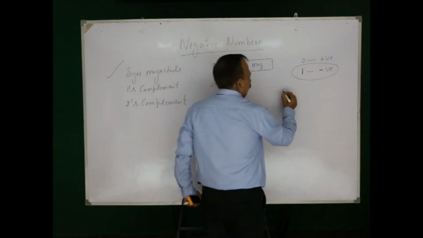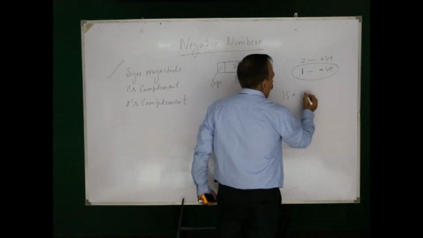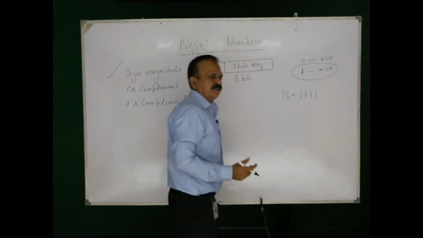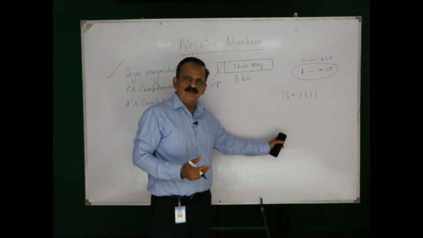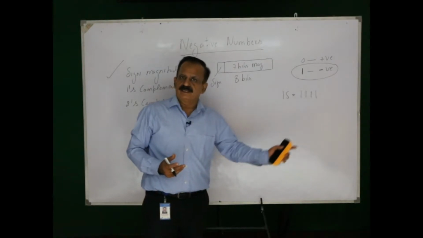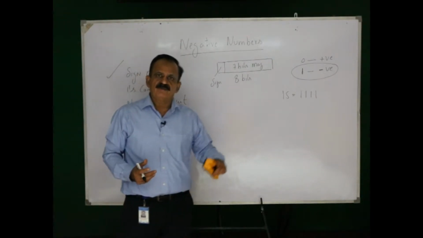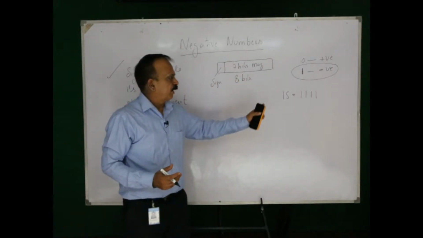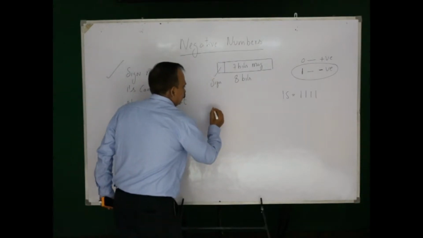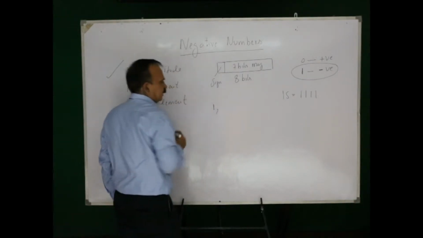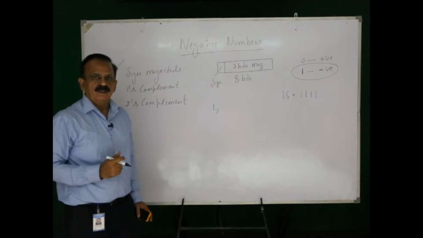Now, the binary equivalent of 15 is 1111. We can easily check by converting 15: divide this number successively by 2 and write down the remainders, and then writing the remainders from bottom to top, that will give the binary equivalent of this number. So, the first bit is used for sign, 1, and the remaining 7 bits are used for magnitude.